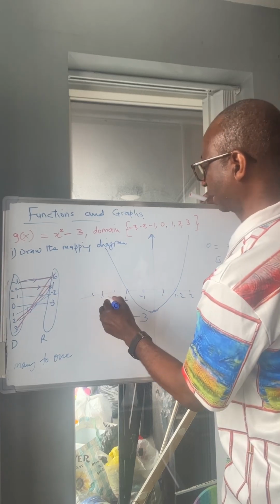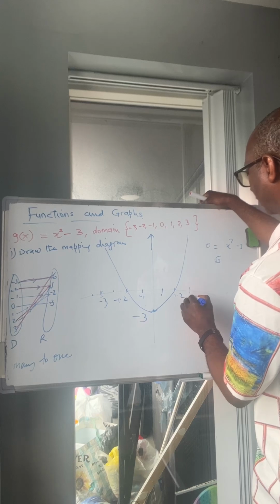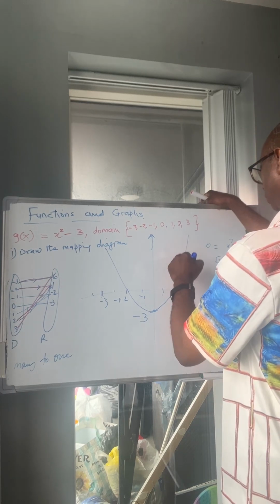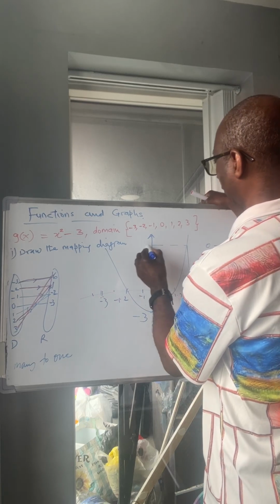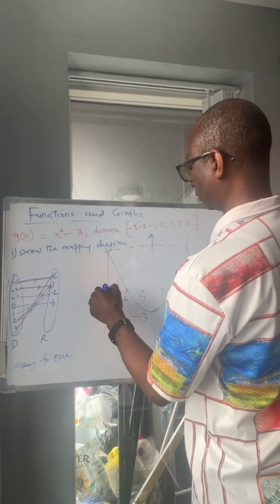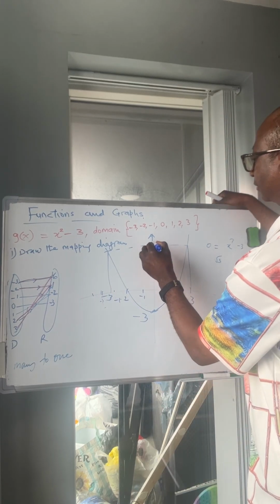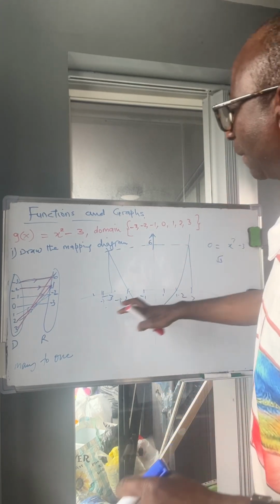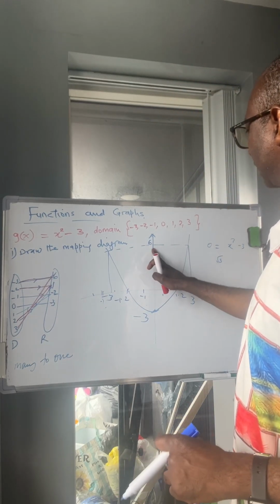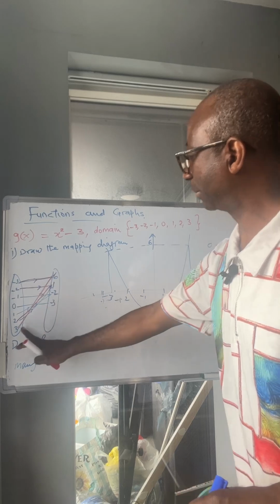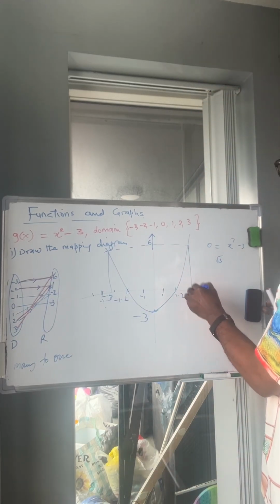If you draw a line here, your 3 should also be here, and minus 3 should be here. So this is 6. Minus 3 will map to 6, and 3 will map to the same 6.